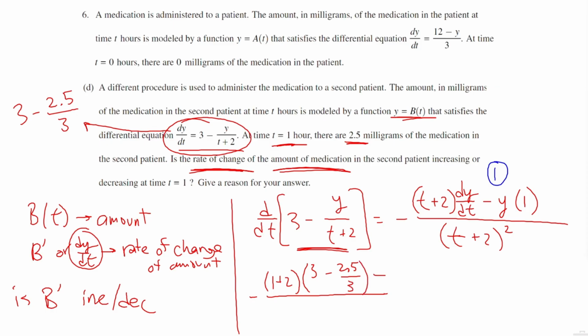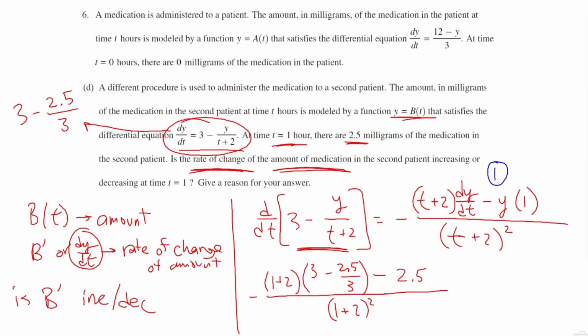And then we have minus our y value times 1, so that's going to be minus 2.5. And then it's all over 1 plus 2 squared.